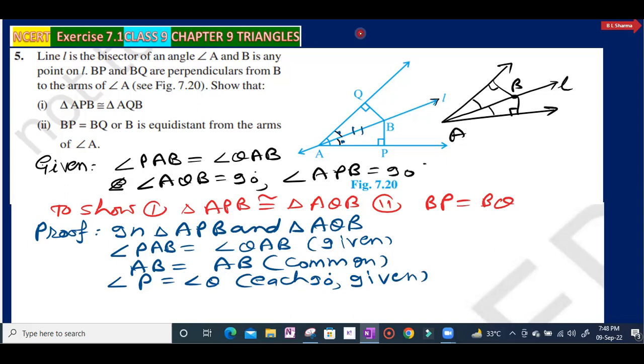I told you that in two triangles, if two angles are equal, then third angles will also be equal. तो ये जो एंगल आपका बच गया, ये दोनों एंगल भी इक्वल होंगे. क्यों? Because this angle is equal to this angle, so the third angle ABQ is equal to the third angle ABP.